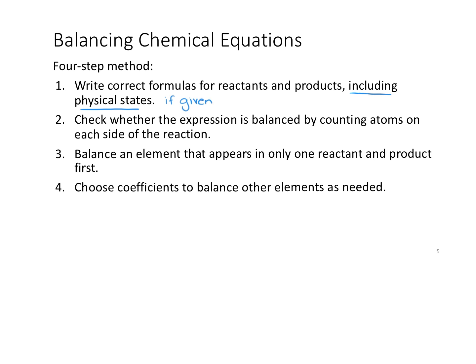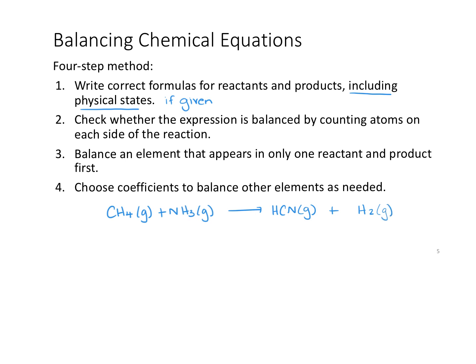If they're not given, you don't have to include them, but if they're given, you need to include the physical states. So we've got CH4 as a gas plus NH3 as a gas, and that's producing HCN as a gas and H2 as a gas.